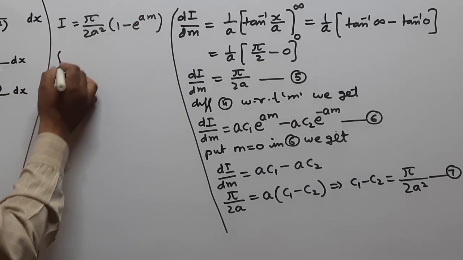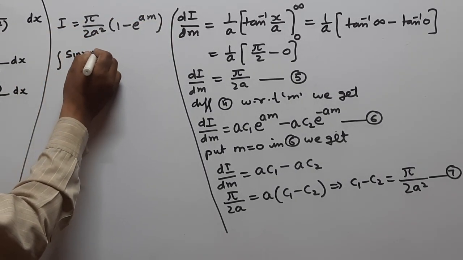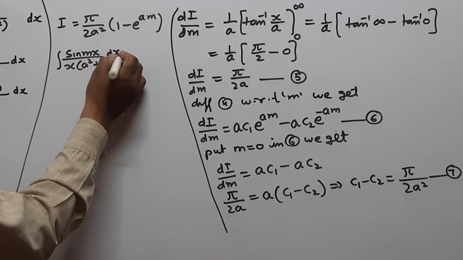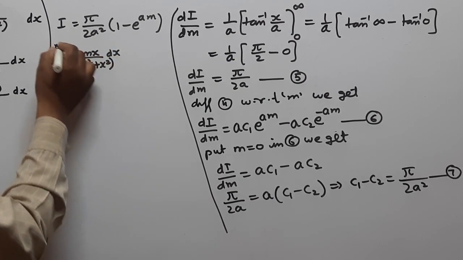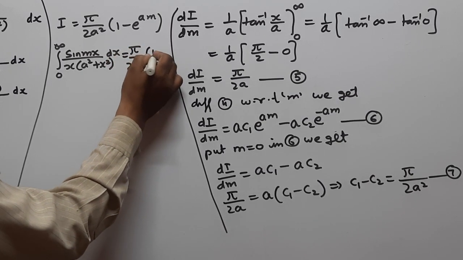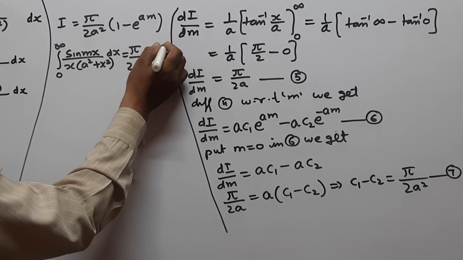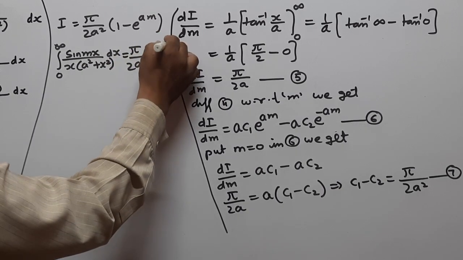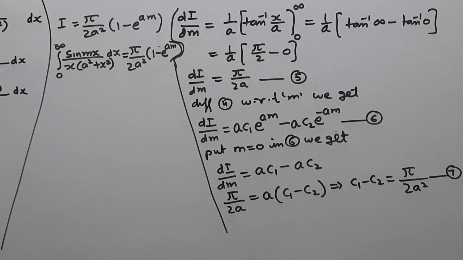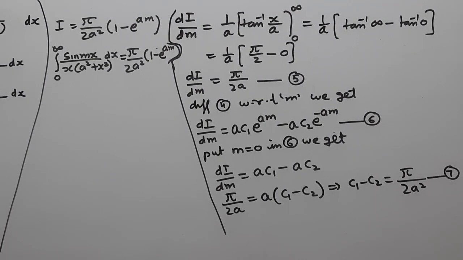So the given integral sin mx divided by x times a square plus x square dx between the limit 0 to infinity is equal to pi upon 2a square times 1 minus e to the power am.